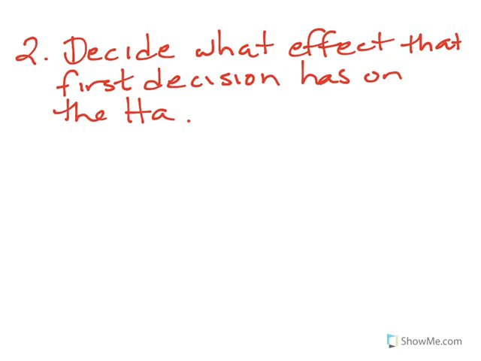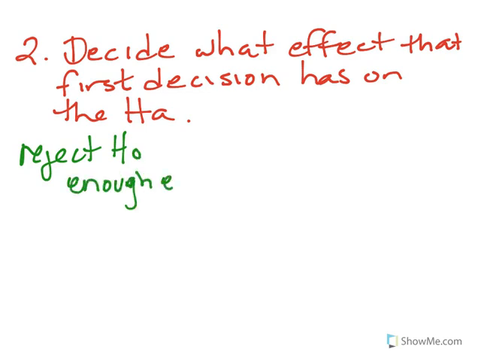The second thing we need to do is decide what effect that first decision we made about whether we reject or fail to reject the null has on the alternative hypothesis. If we rejected the null hypothesis, that means there was enough evidence to support the alternative.